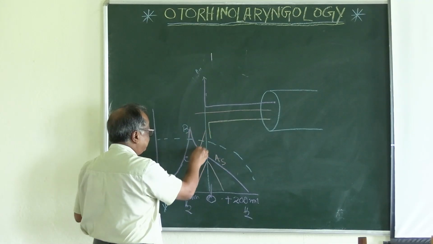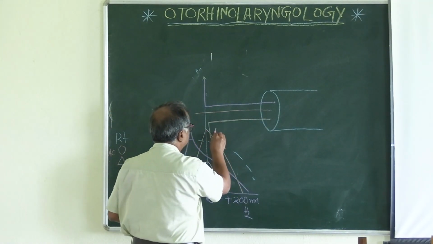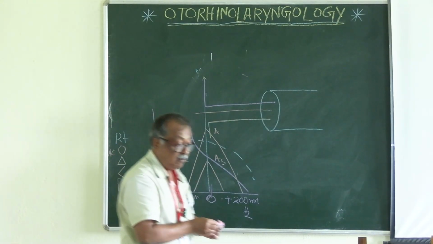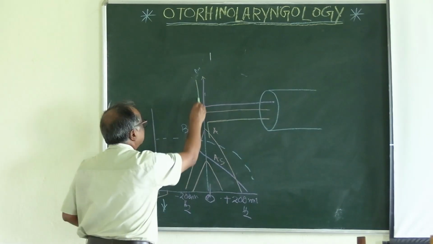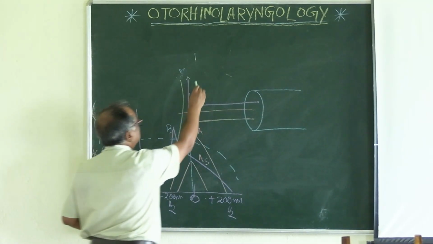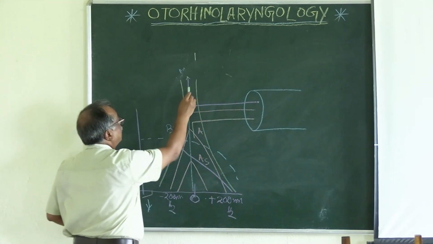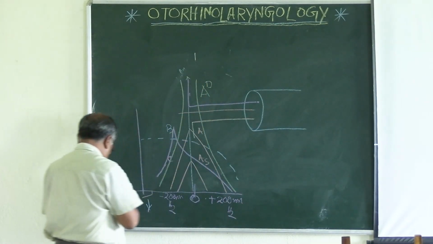Normal A is the normal ear, normal compliance. And another curve is A plus, the peak is not formed, that is AD.